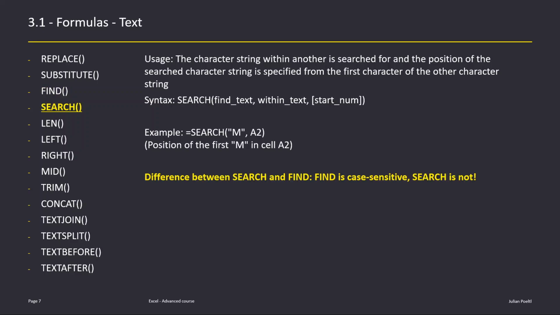Search does basically the same thing, but the difference between search and find is that find is case sensitive, search is case insensitive. So find will differentiate between large and small letters, and search will not differentiate between small and large letters.